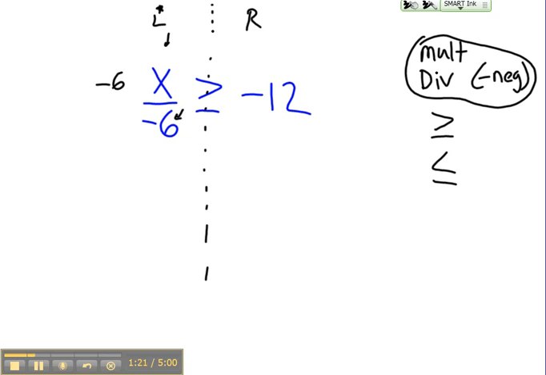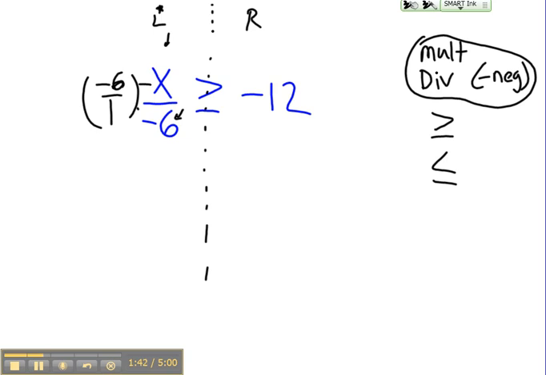If I multiply this by a negative 6, these cancel out. A lot of people just write a line right through here, but I'm not sure if everybody really understands why we're doing that, so I'm going to elaborate a bit. What we're doing is multiplying by a negative 6 over 1.